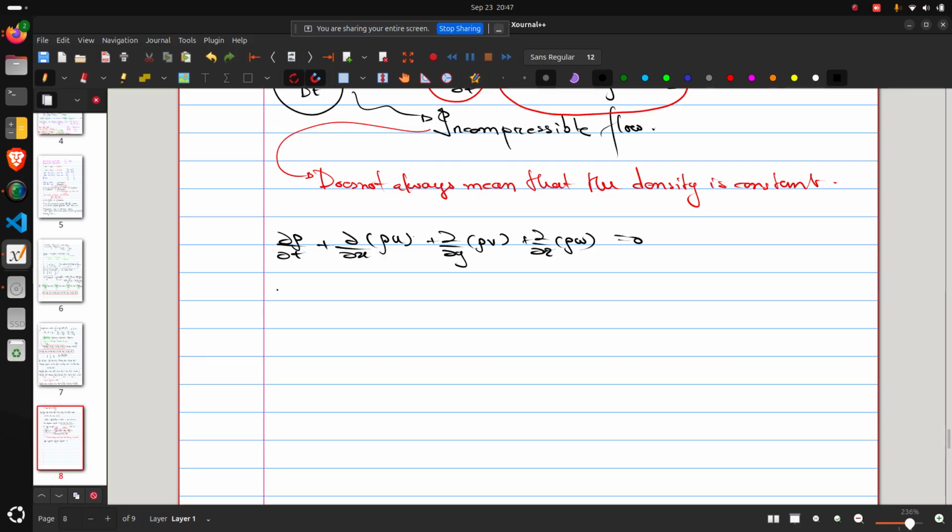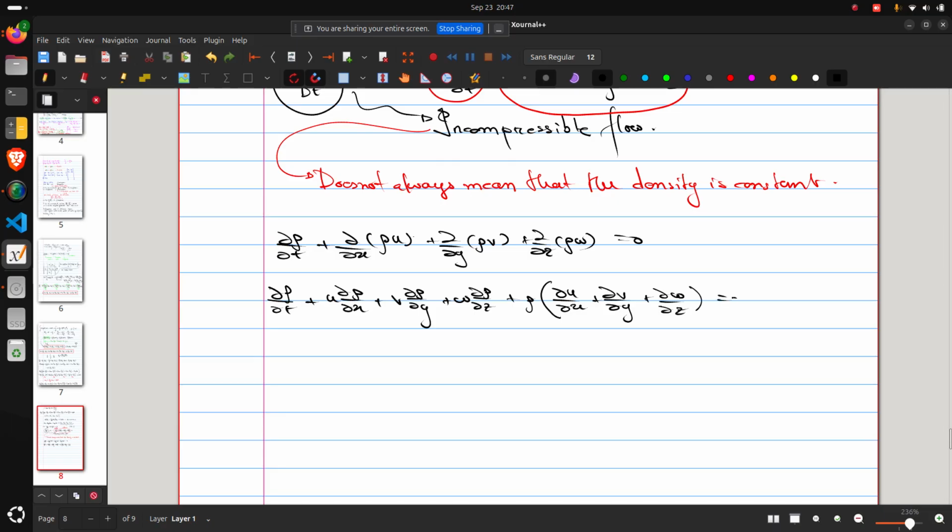And if we just break this using the chain rule, dou rho by dou t plus u times dou rho by dou x plus v times dou rho by dou y plus w times dou rho by dou z, plus the other term will be nothing but dou u by dou x plus dou v by dou y plus dou w by dou z equal to 0.